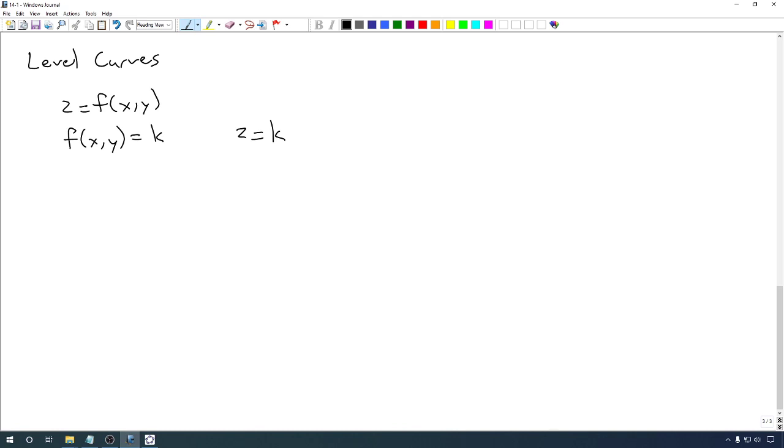So if we plot these kinds of curves for various values of k, we can get an idea of what the entire surface looks like by essentially just looking at a bunch of its cross sections.